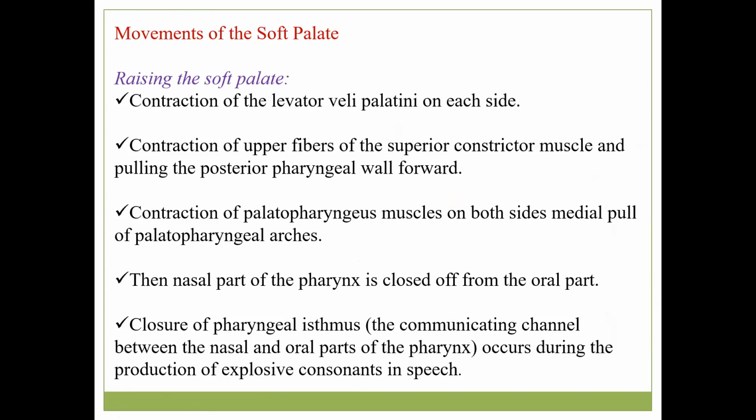Soft palate has smooth movements. Raising of the soft palate occurs by the contraction of the levator veli palatini on each side.